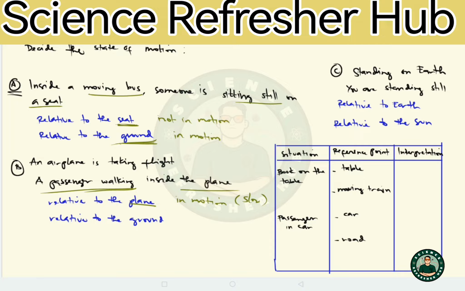But what about relative to the ground? Again, the ground is now our reference point, and the passenger walking inside the plane is in motion, but this time it's moving fast.